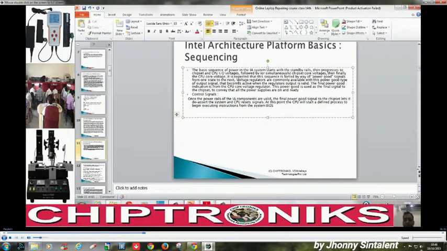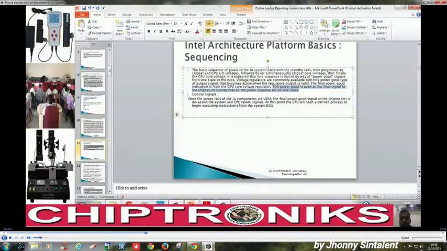So this is very important, and voltage regulators are commonly available with this power good type of output signal that becomes active when the regulator output is valid. The final power good indication is from the CPU core voltage regulator, and this power good is used as the final signal to the chipset to convey that all power supplies are on and ready.